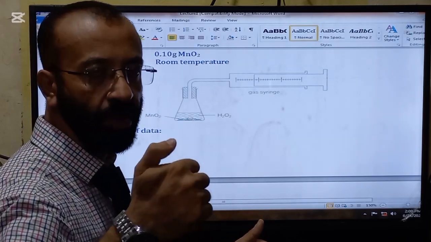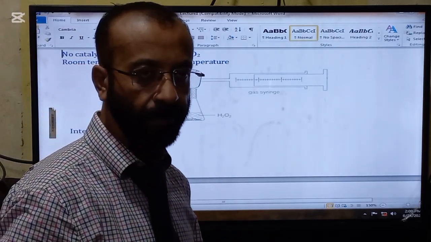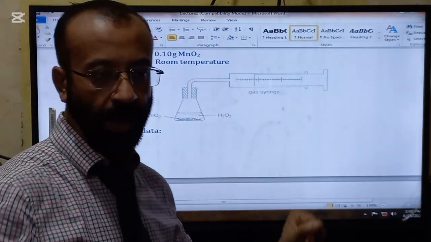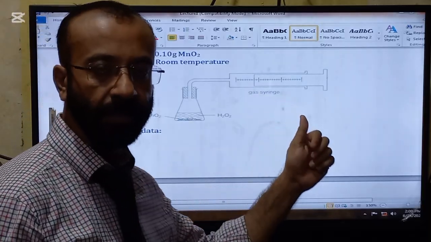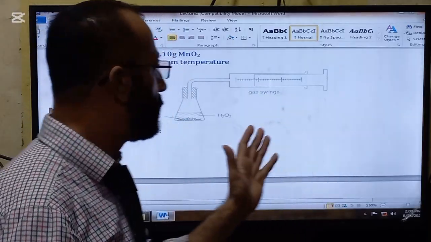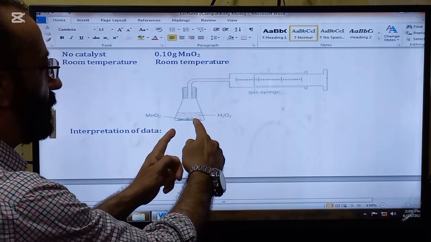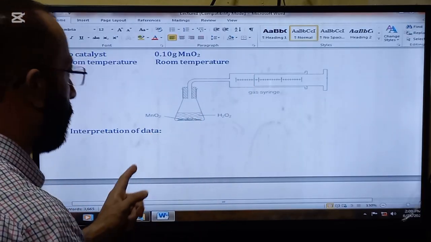A stopwatch will be used at the same time. For example, after 10 seconds we will note the volume, after 50 seconds we will again note the volume, and so on. A graph will be plotted of the values for the experiment in the presence of manganese oxide.